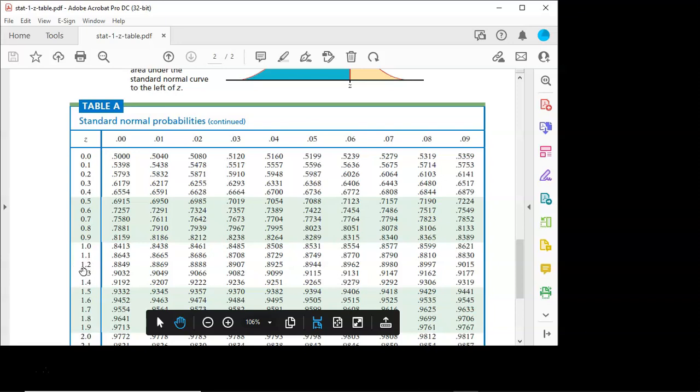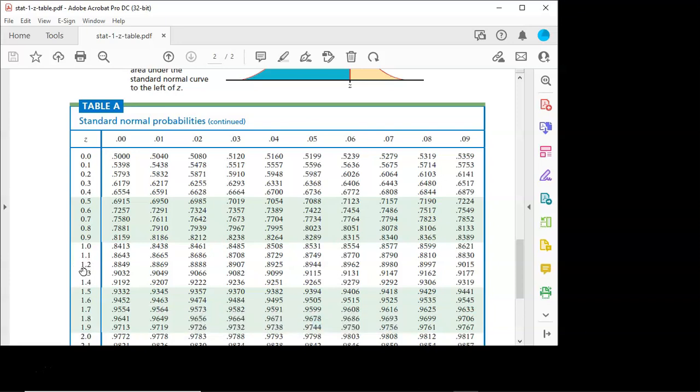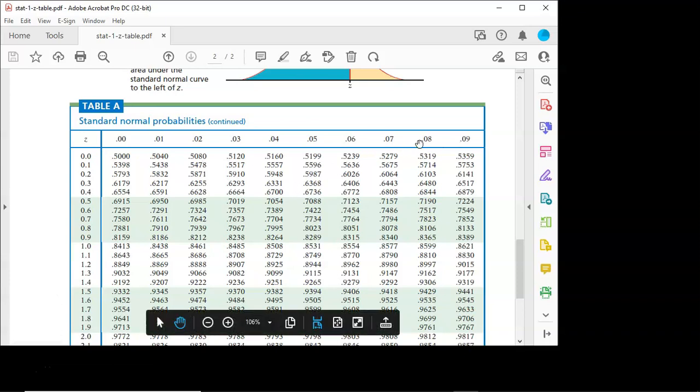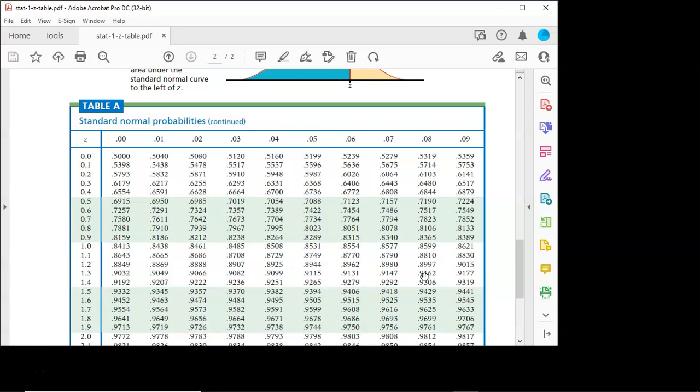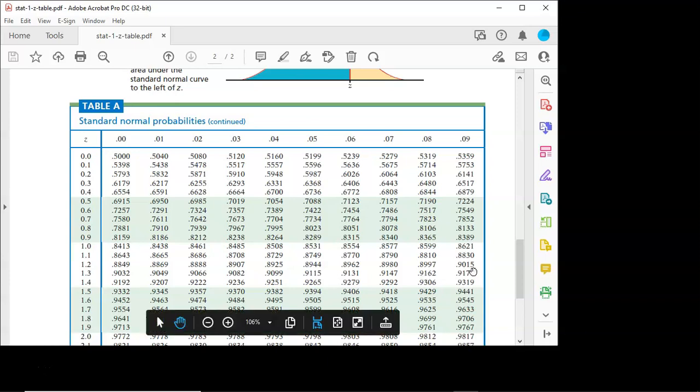Now the second decimal digit is coming from those here. So 1.28. I'm getting 0.8897. That's for 1.28. And then for 1.29, I get 0.9015.